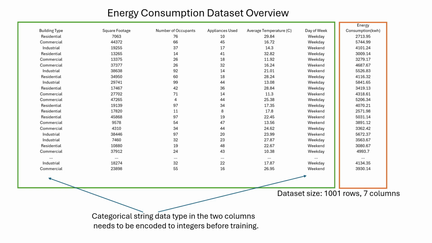The dataset we are working with consists of 1,001 rows and 7 columns, capturing various characteristics of buildings and their energy usage. Some of these variables are numerical, such as square footage and number of occupants, while others are categorical, like building type and day of the week.